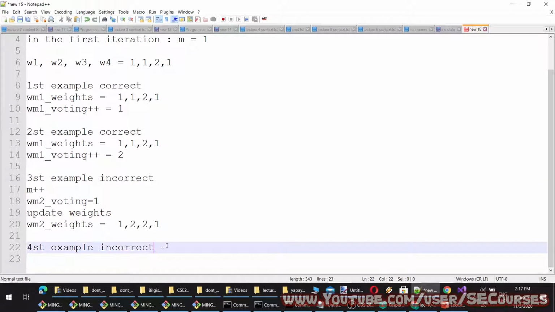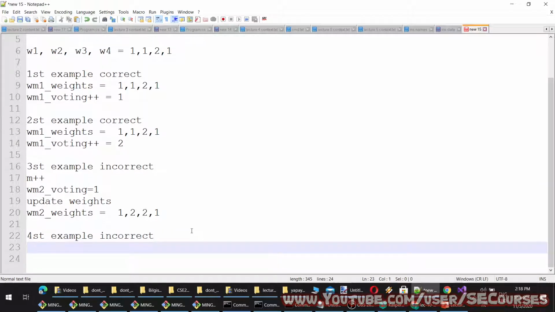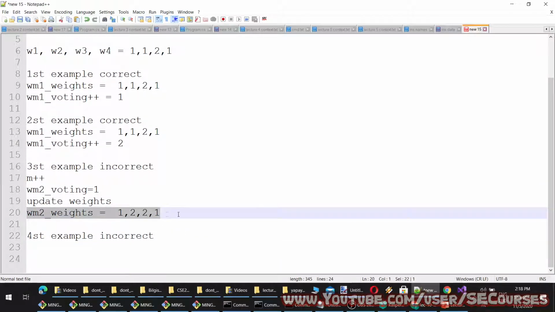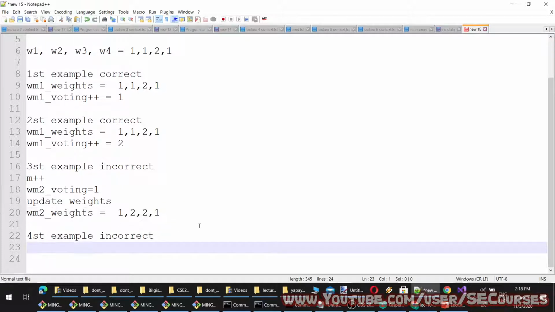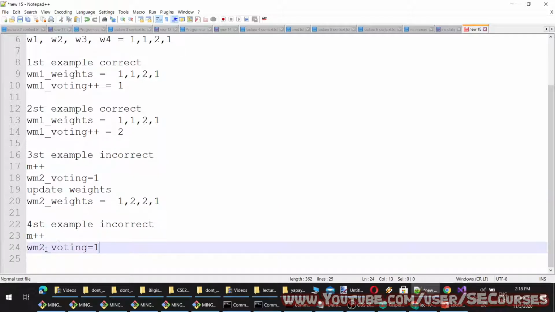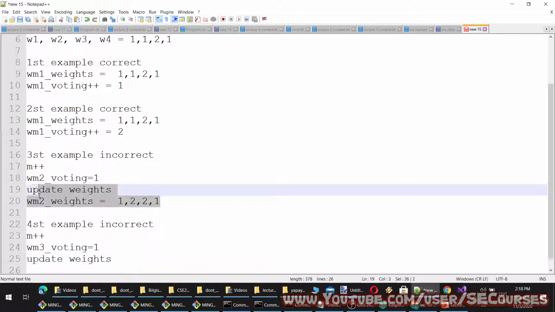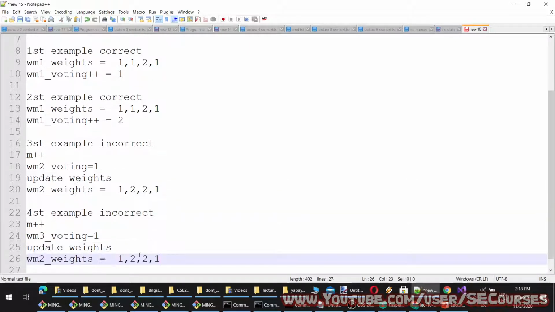And here, since it is incorrect, m2 weights were updated here, and it didn't get any voting. Therefore, I am increasing the m by 1. Then m3 voting gets 1.